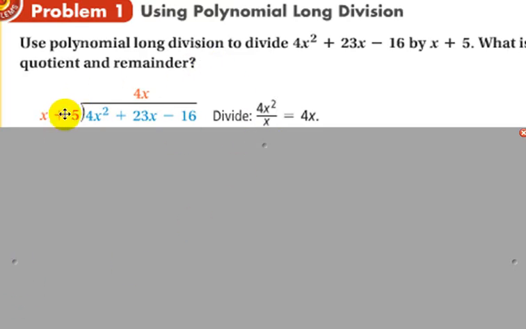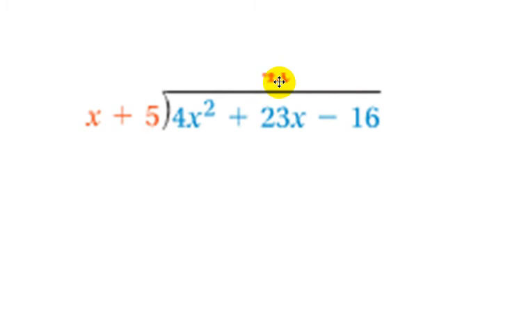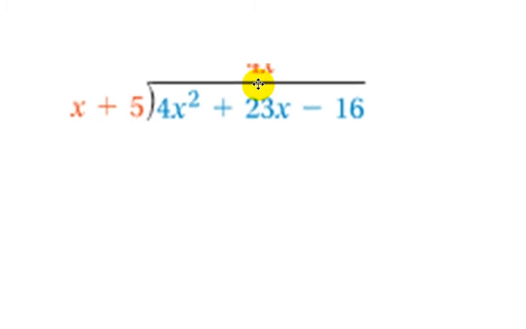So let's do a quick learning process here, and let me go to a new screen. When you have long division, this is how you're going to write it with polynomials. If you're missing, every power has to be accounted for.